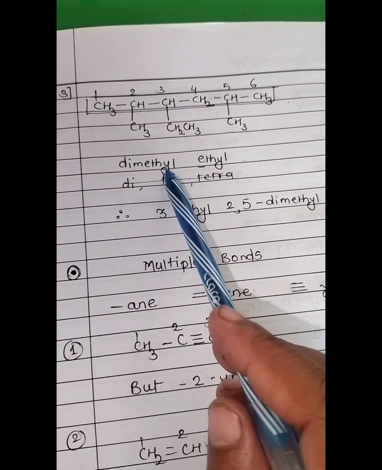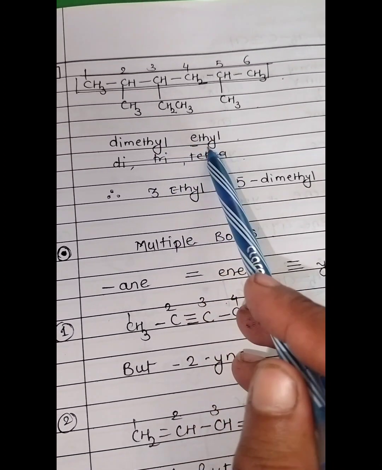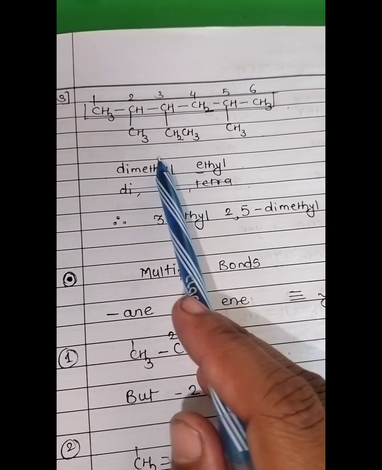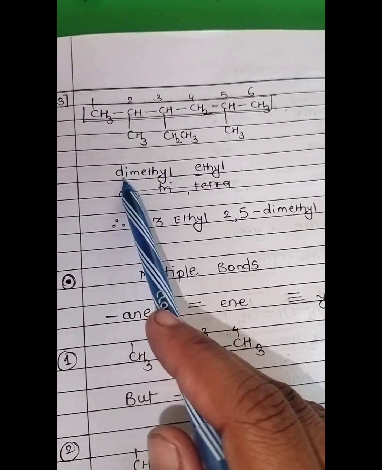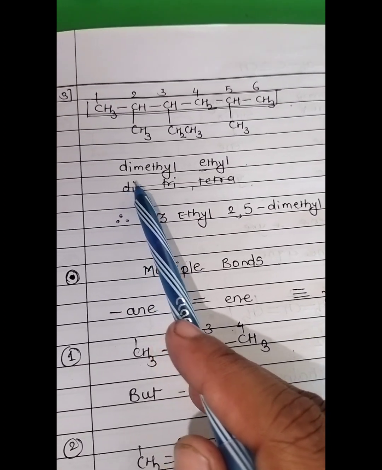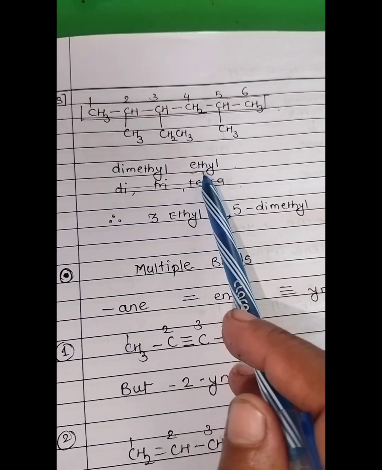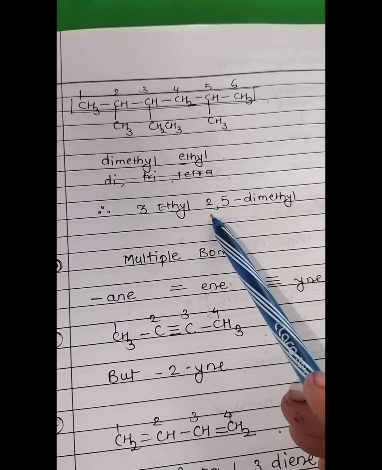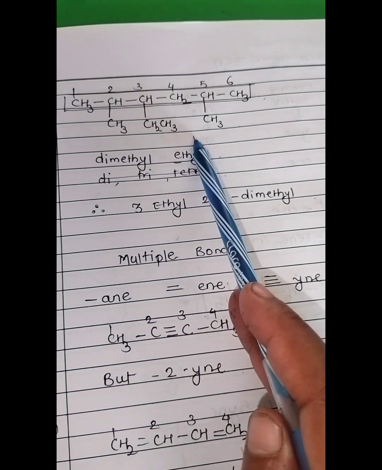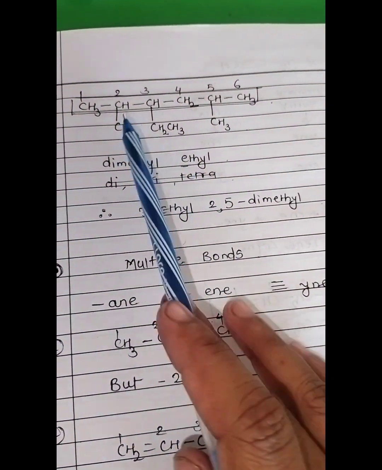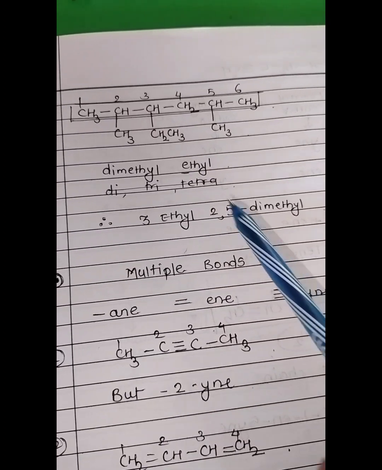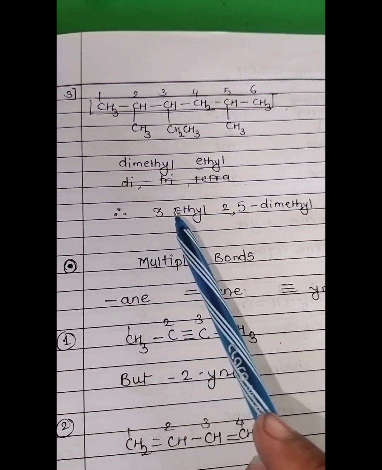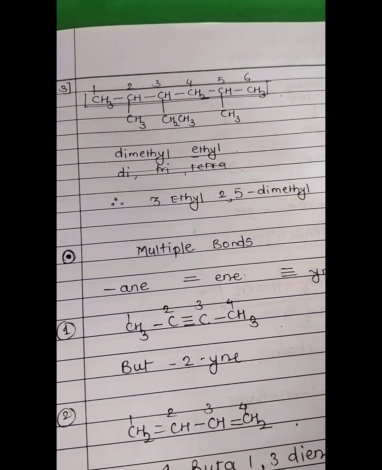In this case, first we write ethyl, because alphabetically we consider E and then M, not D, we cannot consider di, tri, or tetra. So in the third position an ethyl group is present, so 3 ethyl, and on the second and fifth carbon a methyl group is present, so 2, 5 dimethyl. So now the name of the compound is 3 ethyl 2, 5 dimethyl.